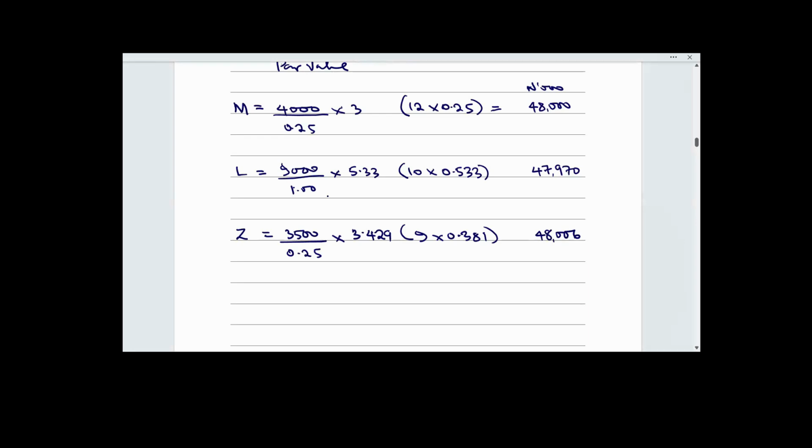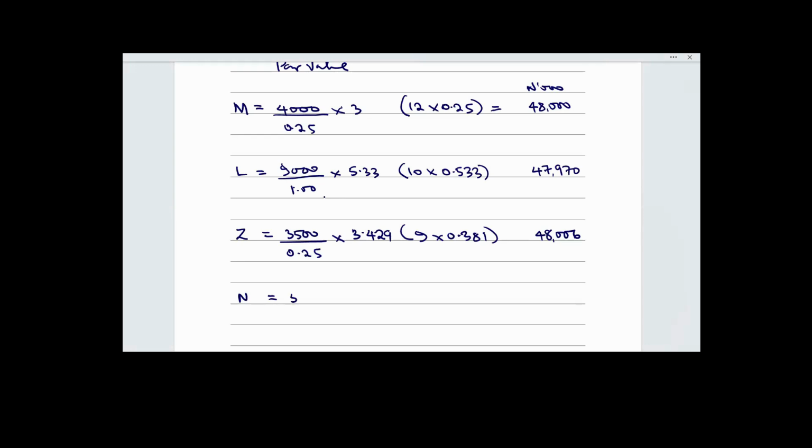Then finally, I need to calculate market value of equity for Nile. So for Nile, share capital of Nile is 5,300. The par value of Nile is 50 kobo.